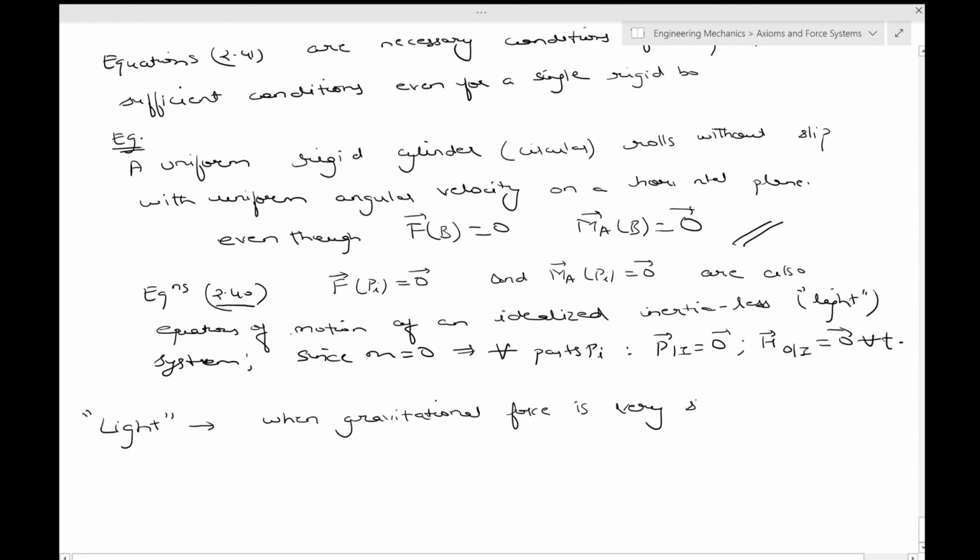In that way you can just take mg is equal to 0.